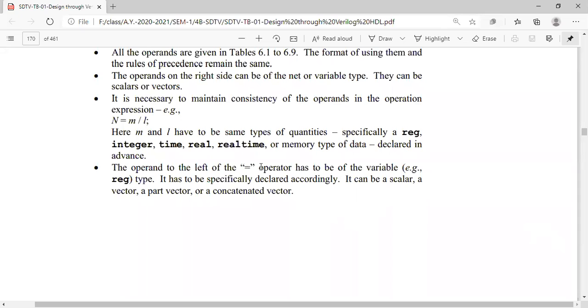The operand which will be on the left side of the equal operator has to be a variable, right? It should also be a register, right?